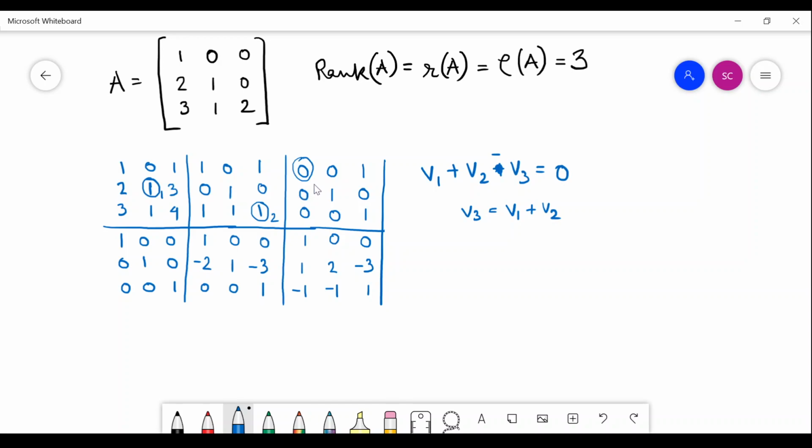So our operation has ended. When our operation has ended, we notice how many non-zero columns we have. That is the number of independent vectors, and that gives the rank of the matrix.